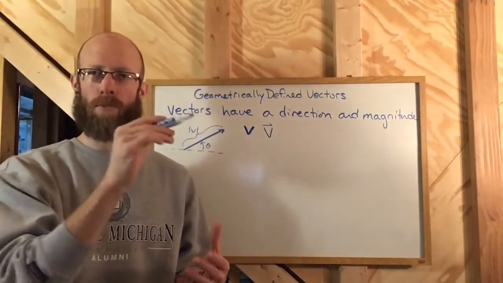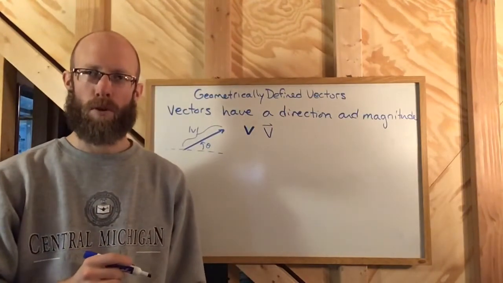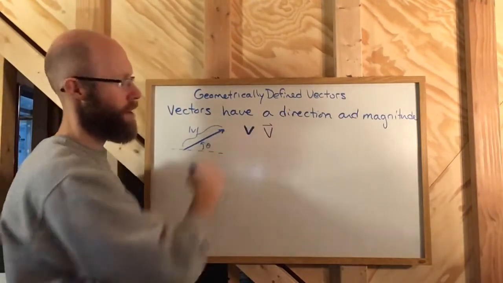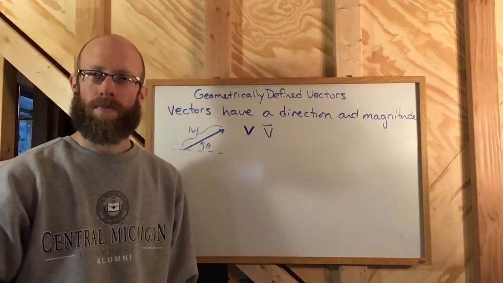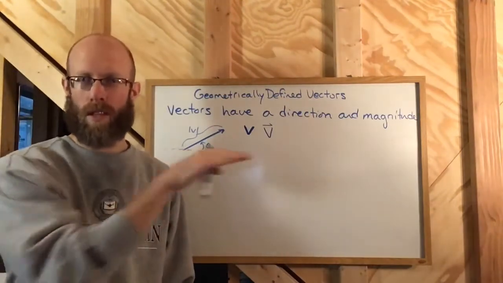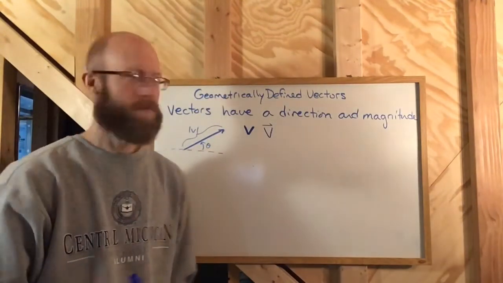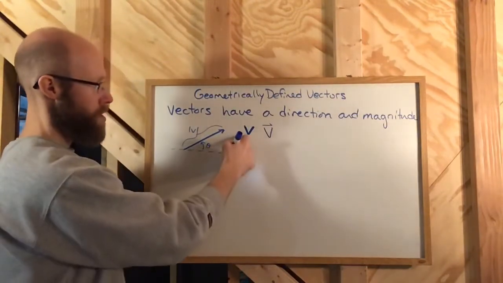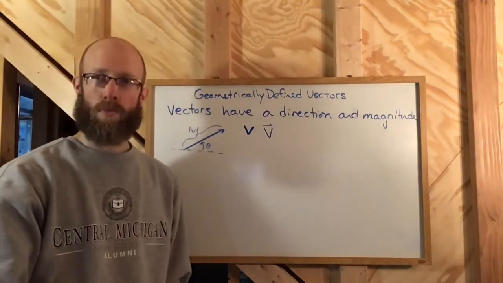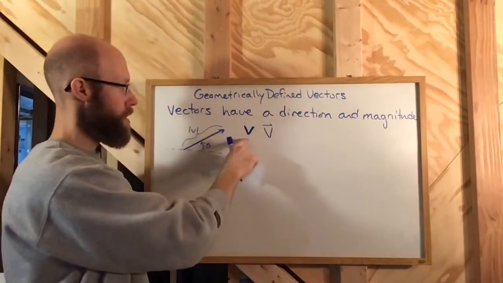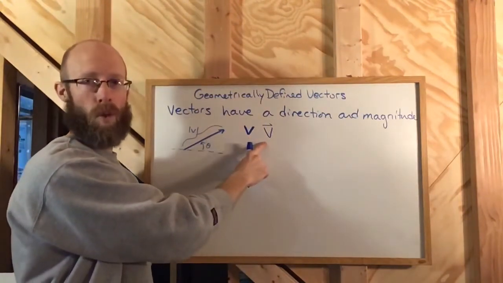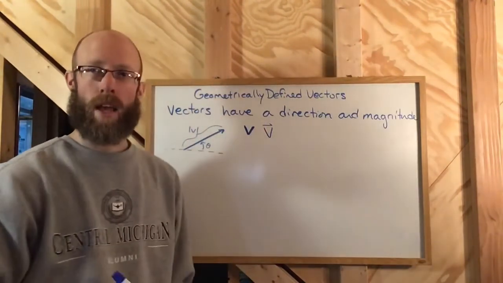It's not a full arrow, because an arrow would have both sides on top, but I call this a harpoon because it only has one side. So vectors, when you see them written in a textbook or on a test, could either be written in boldface or with a little harpoon over top.